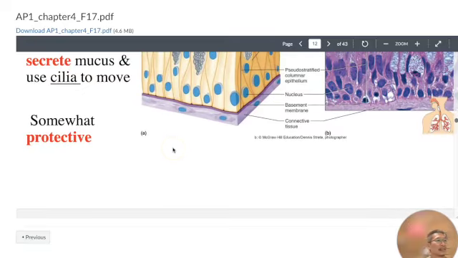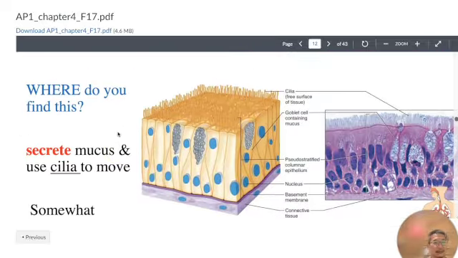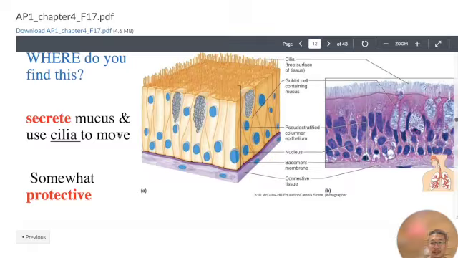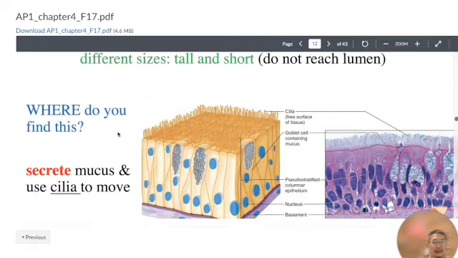You will find these in the lungs, in the female reproductive tract, small intestines. Actually, also in the male reproductive tract.